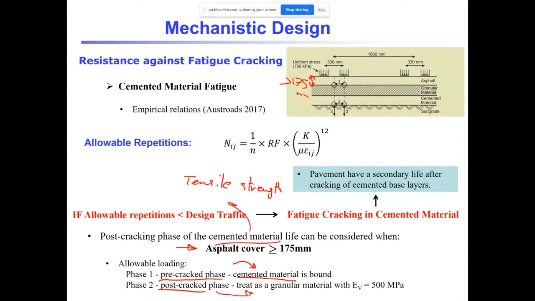For the post-crack phase, instead of the cemented material, you need to use unbound granular material. And for this unbound granular material, Ostrows tell us to consider the vertical Young modulus of 500 MPa.